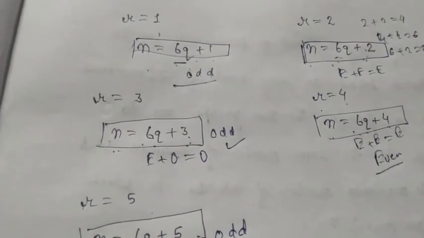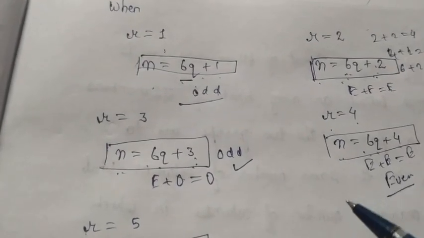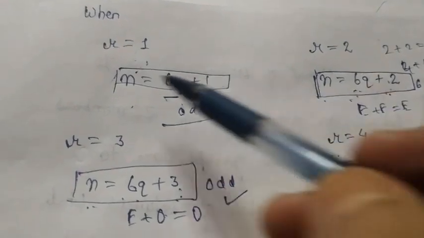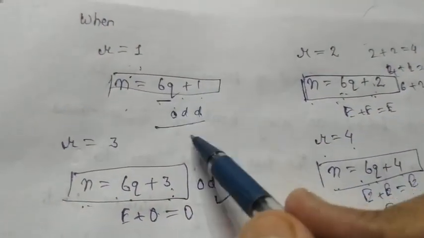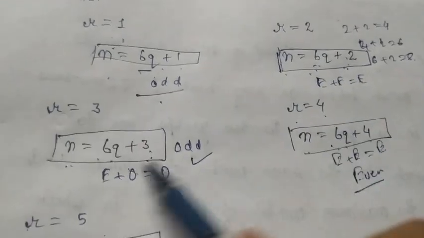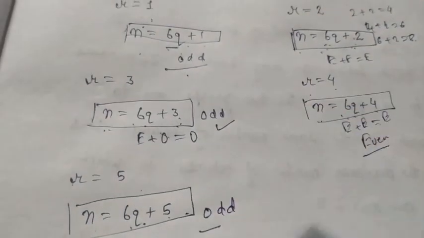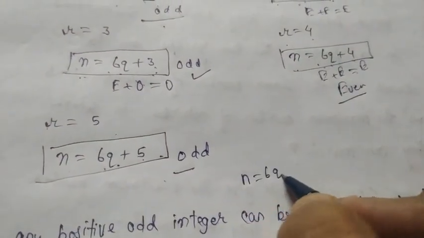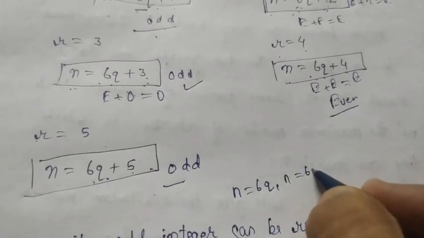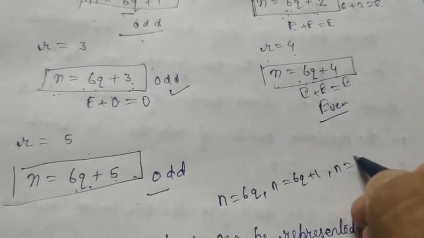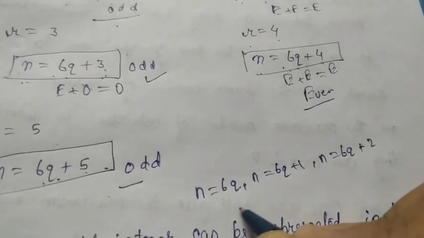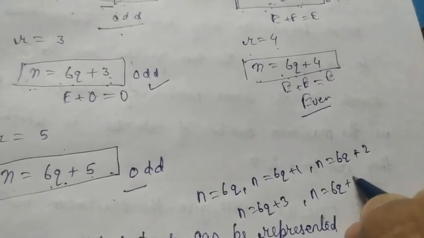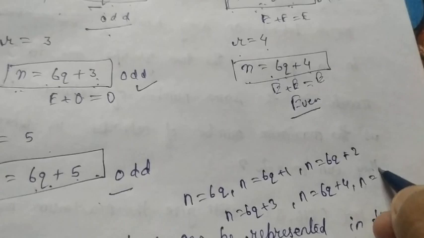So what you are seeing, children, when you put r equal to 0, you got 6q, that was even. When you put r equal to 1, you get 6q plus 1, it is odd, then even, then odd, then even, then odd. Out of the 6 values of n, you got n equal to 6q, 6q plus 1, 6q plus 2, 6q plus 3, 6q plus 4 and 6q plus 5.